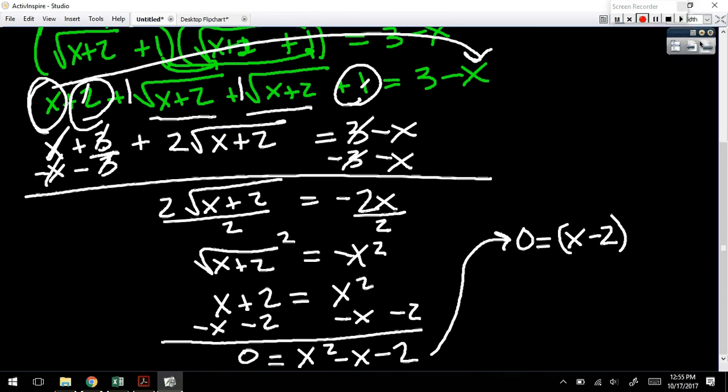I didn't square root it, I squared it. The opposite of a square root is a square. It makes these cancel. So because I put it here, I also had to put it here.